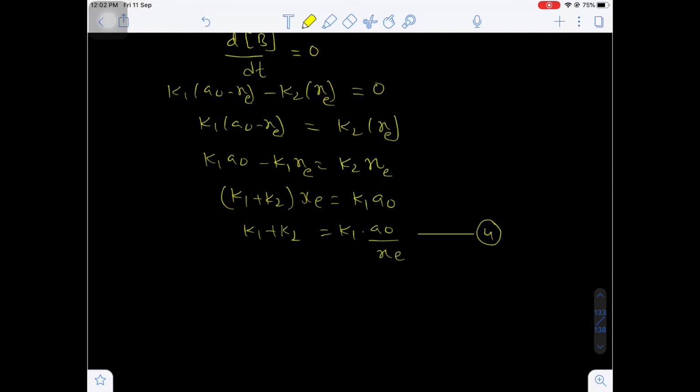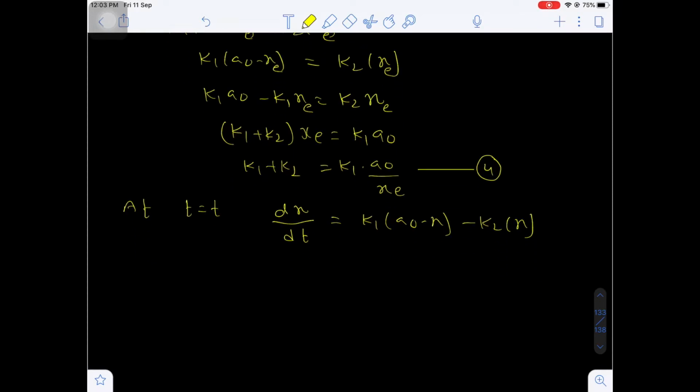Now at time interval t, the rate of reaction, minus dA by dt or plus dB by dt, will be equal to dx by dt, which is equal to K1 times (A0 minus x) minus K2 times x. Yes or no? Now here dx by dt equals K1 times (A0 minus x) minus K2 times x. Here I am writing the K2 value.